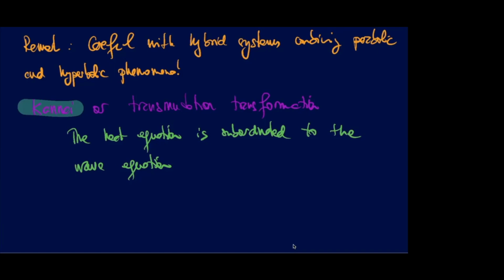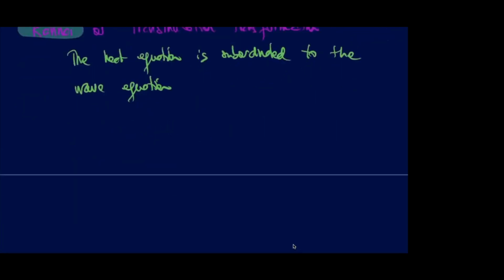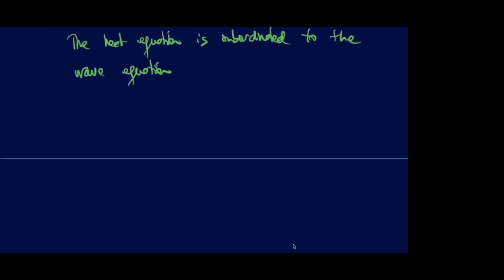So why do I say that one is subordinated to the other? The remark is the following, and it is not only valid for the heat equation and the wave equation, but is general to any generator of a semigroup, right? So assume we want to solve this equation, y_t plus Ay equals 0 for t positive, and y(0) equal to y0, right?